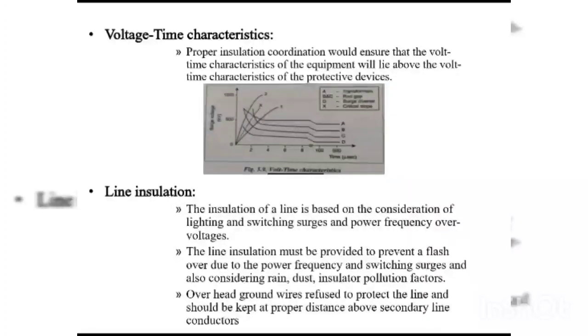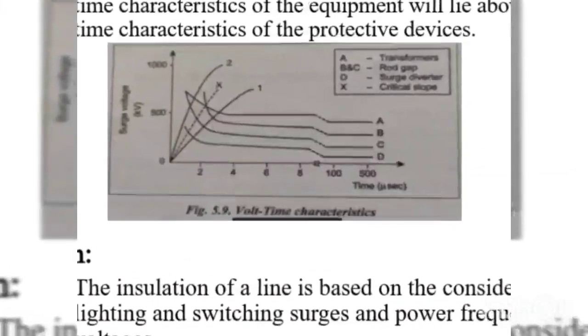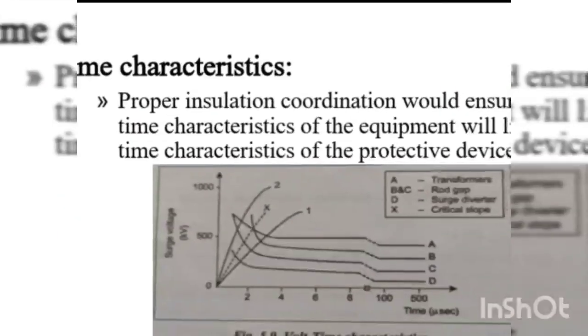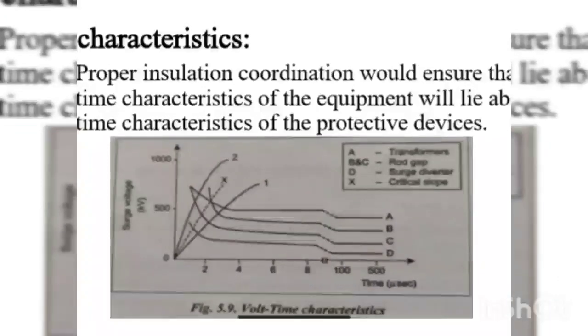Now we are seeing the diagram, a graph of the voltage-time characteristics of an insulation coordination, where point A is the transformer, B and C are the rod gaps, D is a surge diverter and X is the critical slope. The markings along the y-axis are surge voltages and the markings along the x-axis are time in microseconds.